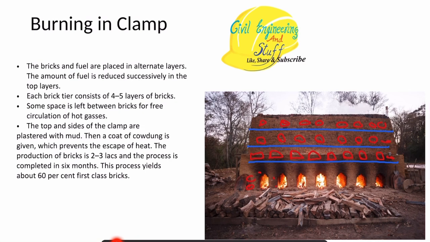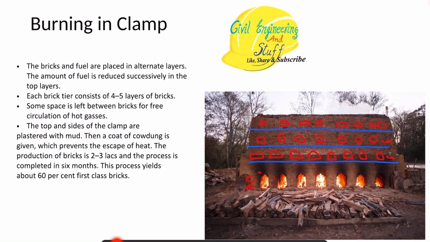So that is why around 60% of the bricks burned in the clamp are of the first class, while 40% of the bricks are of B or C class or are of no use. The reason is that most of these bricks are either overburned or underburned, right?